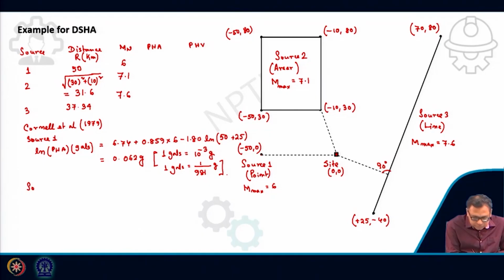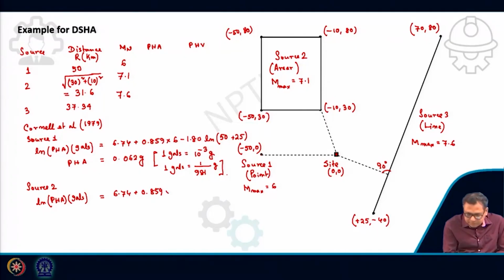Now for source 2, this will be ln PHA. PHA is the peak horizontal acceleration, in gal. So that will be 6.74 plus 0.859, magnitude is 7.1, minus 1.80 ln 31.6 plus 25.